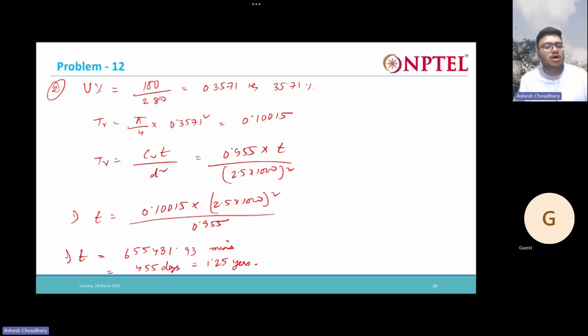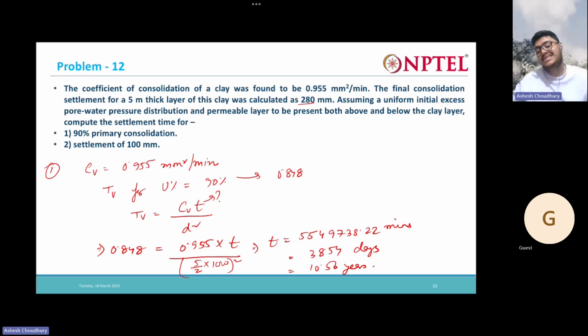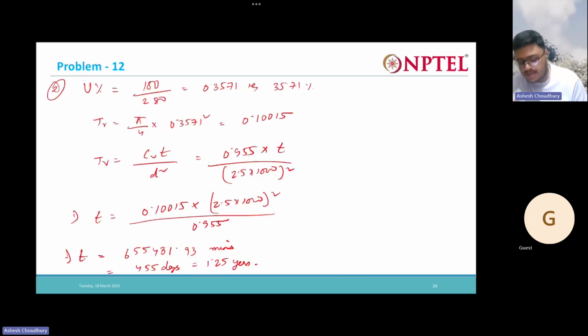So to achieve 90% of the ultimate settlement, it requires 10.56 years. And to achieve the 100 mm settlement, which is about 35% of the ultimate settlement, the time required is 1.25 years.